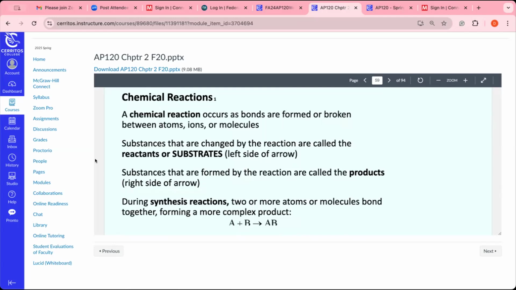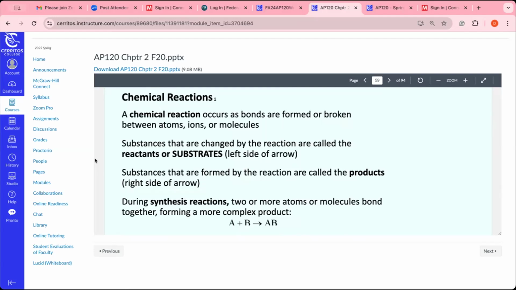The substances that are formed by the reaction are the products. So the reactants turn into products, or the substrates turn into products.